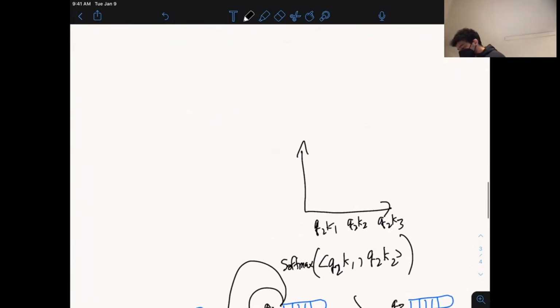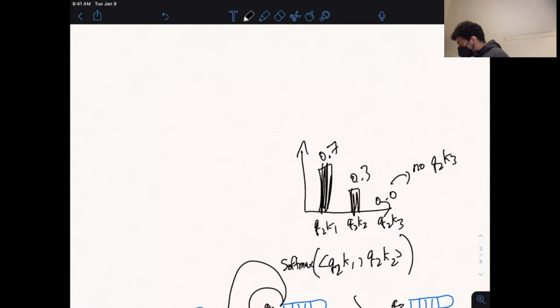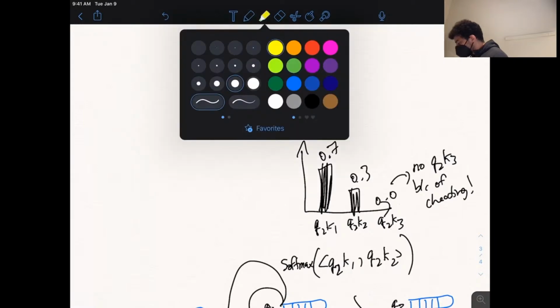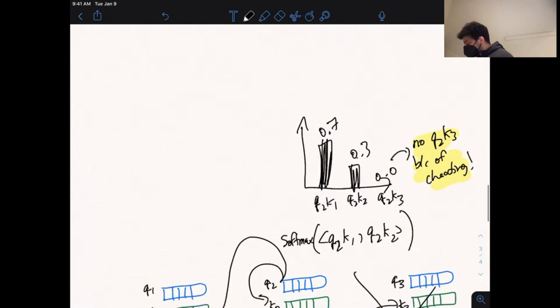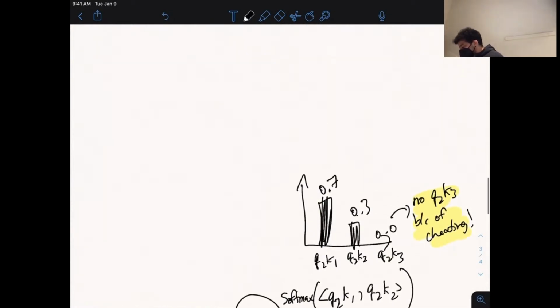Okay, so here, maybe the probability was like 0.7. This one was 0.3. This is 0, obviously. So again, no Q2, K3 because of cheating. I will highlight this. Okay, so now we're going to take the weighted average of the relevant value vectors, right?